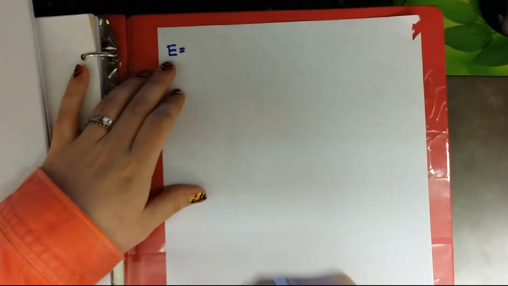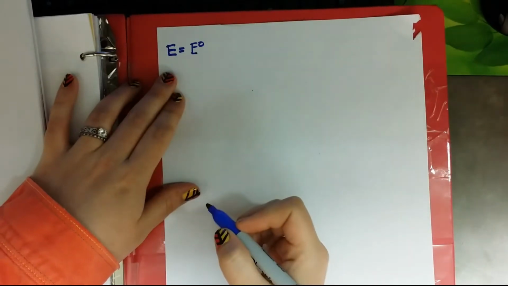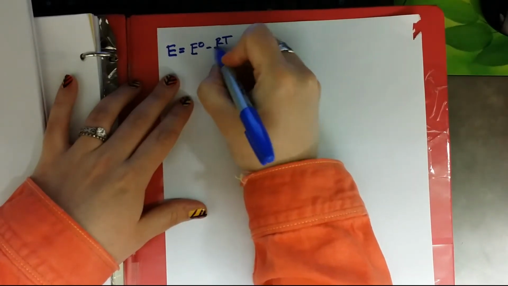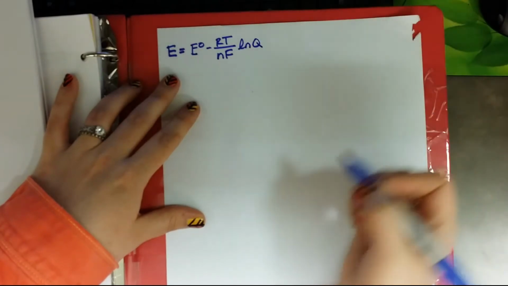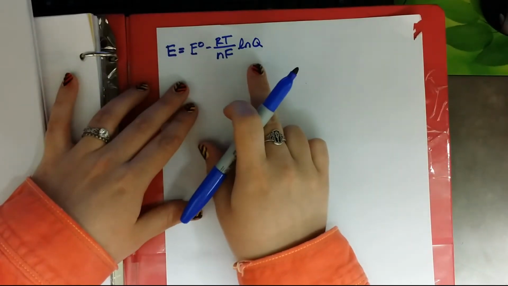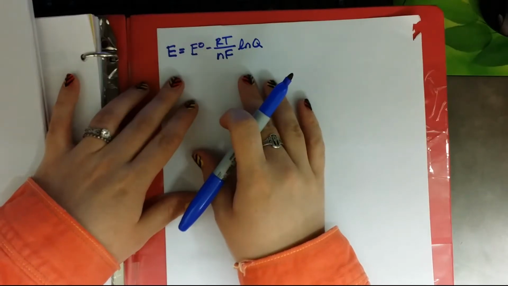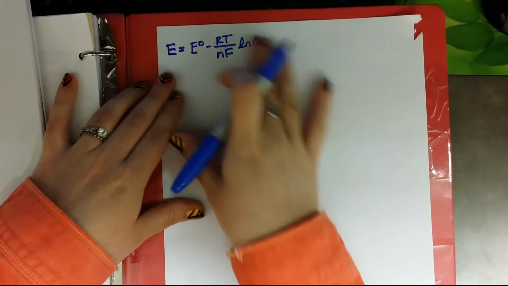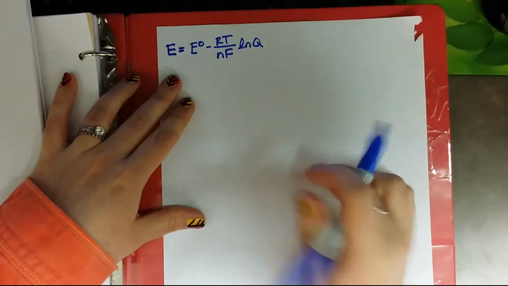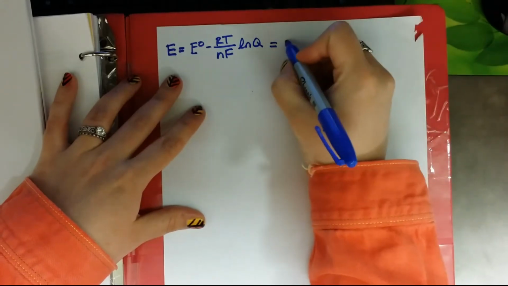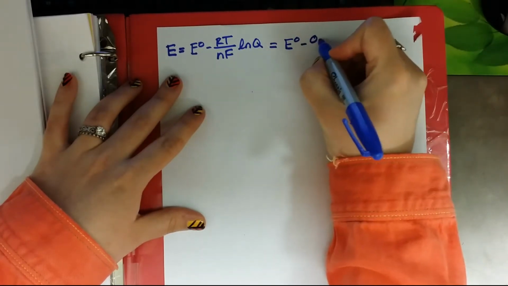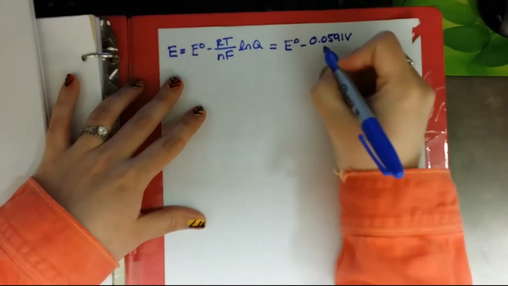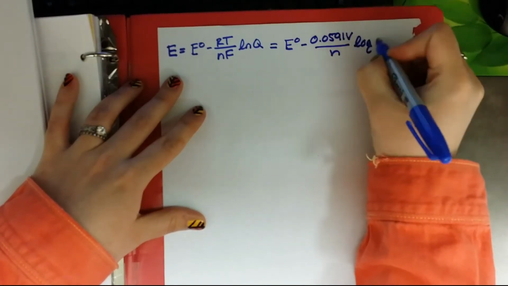The first one, the most common form, or the original equation, is the standard cell potential minus RT over NF times the natural log of Q. Now when you are at 25 degrees Celsius, you have the option of using this simplified equation, which is still going to be the standard cell potential minus 0.0591 volts over N log of Q.